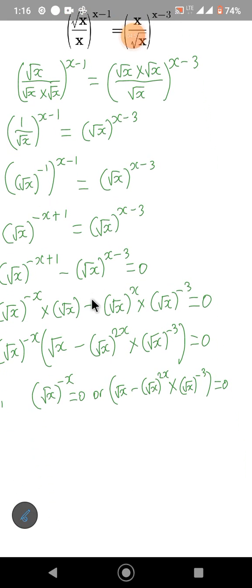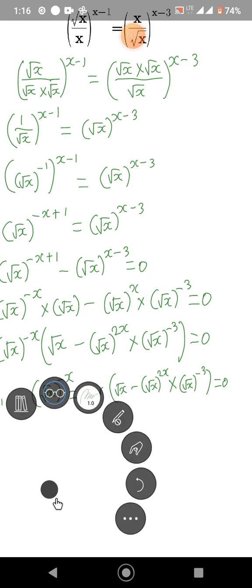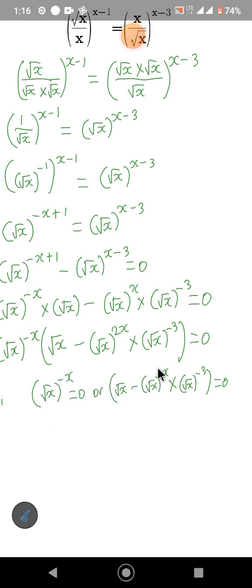So we'll say that this is root x. Now write it: root x minus root x raised to the power 2x multiplied by root x raised to the power minus 3 equal to 0.